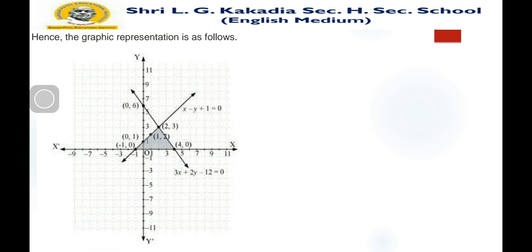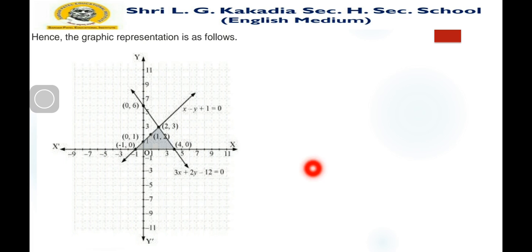So here you can see that if you draw the graph of x minus y plus 1 is equal to 0 and 3x plus 2y minus 12 is equal to 0, then we can find the intersecting point of both lines is 2 comma 3, means these are intersecting lines.